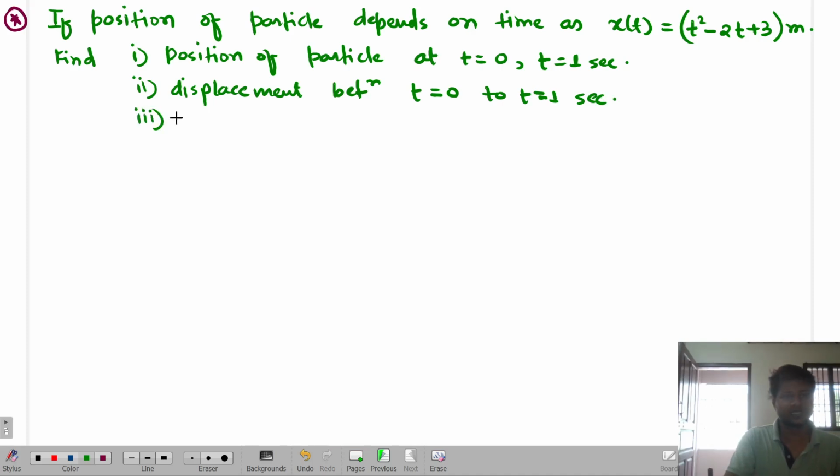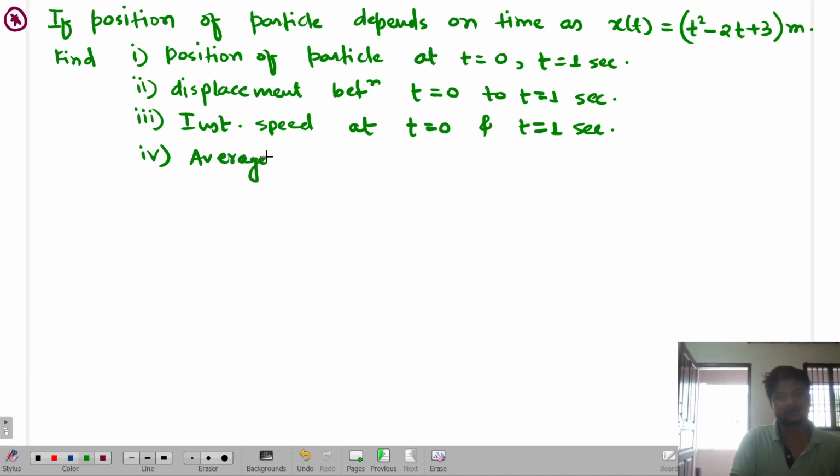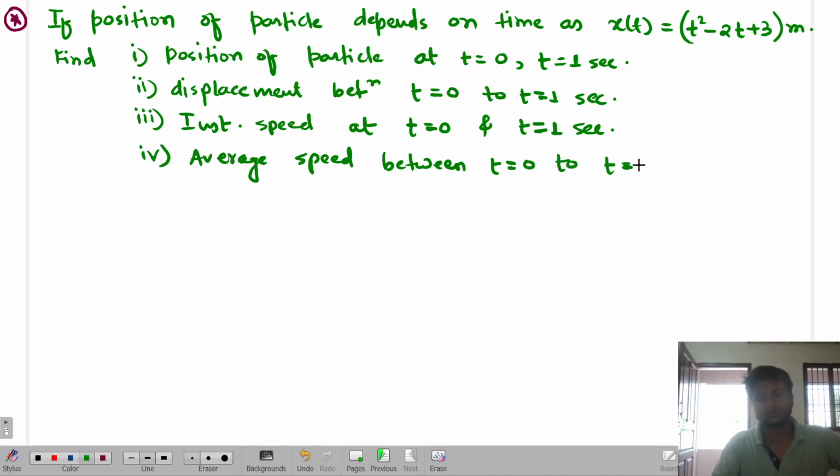Third, instantaneous speed at t is equal to 0 and t is equal to 1 second. And last, average speed between t is equal to 0 to t is equal to 2 seconds. Do it, do it fast. 4 questions I have given; these 4 questions will clear your mind how to handle the questions.